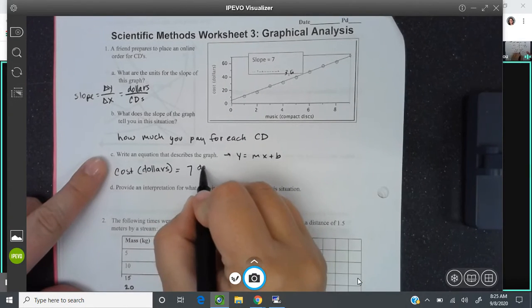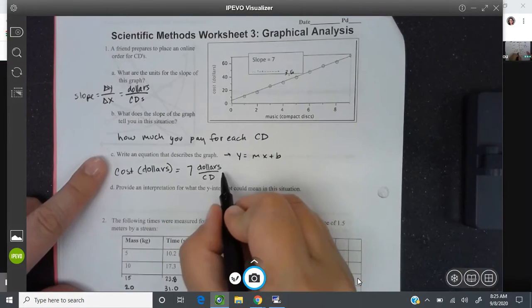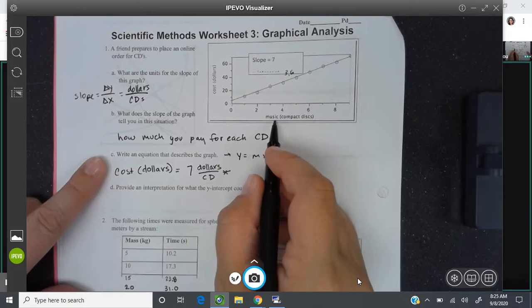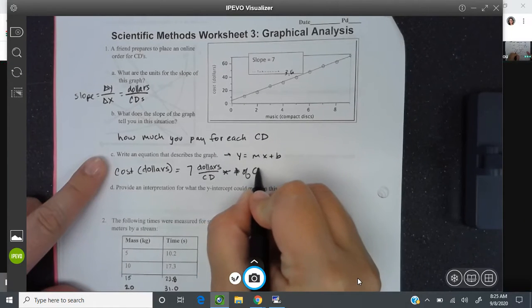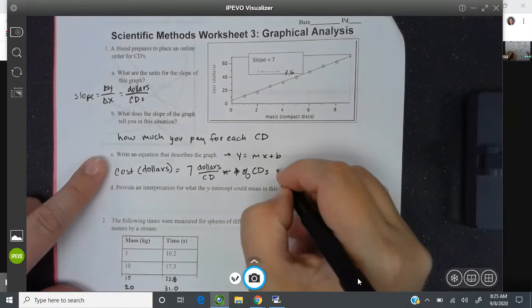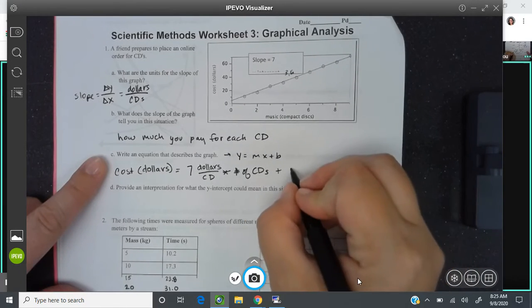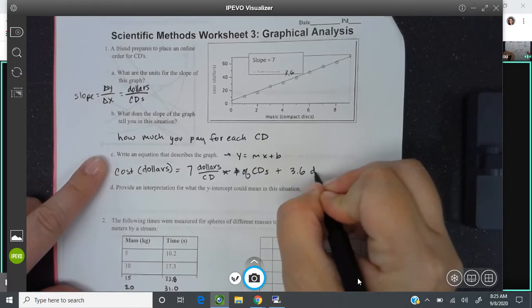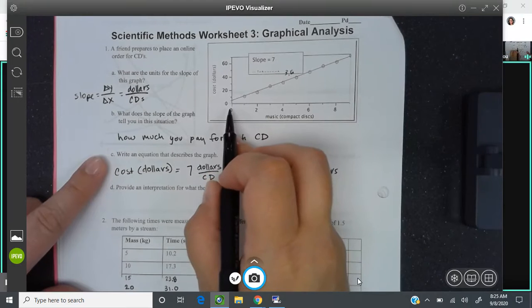So it's $7 per CD times the number of CDs, plus the intercept, which was given to us as 3.6. So it's going to be plus $3.6. Even if you had 0 CDs, your cost would be $3.6.